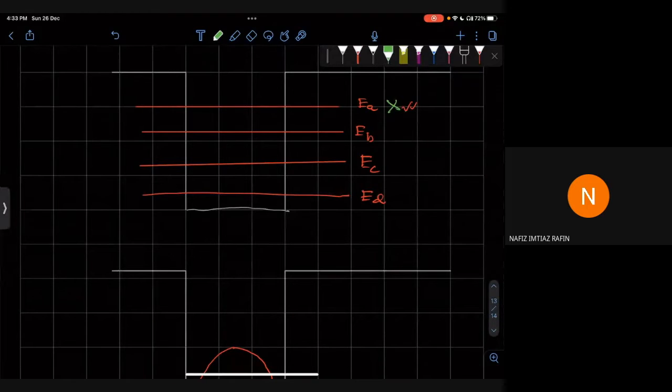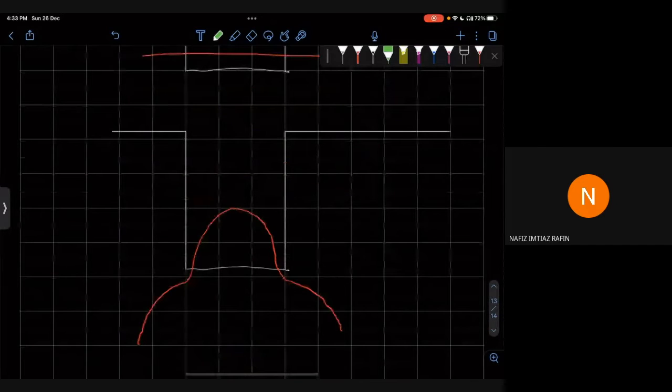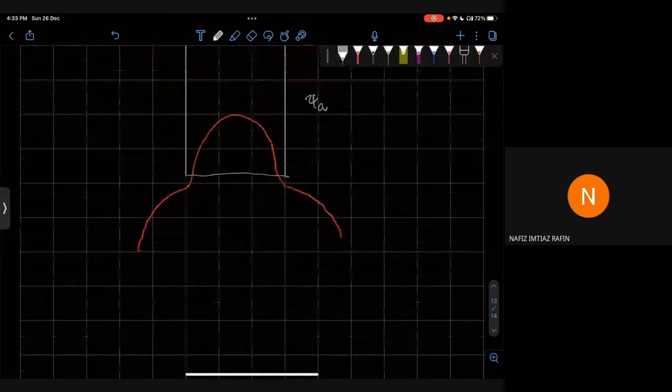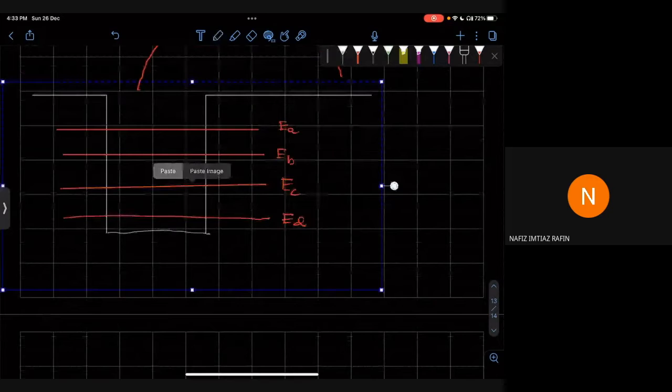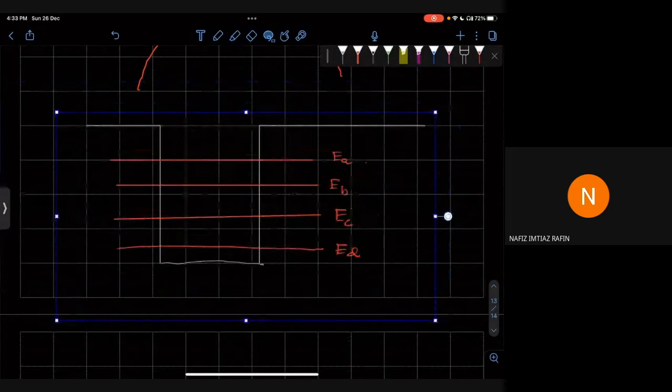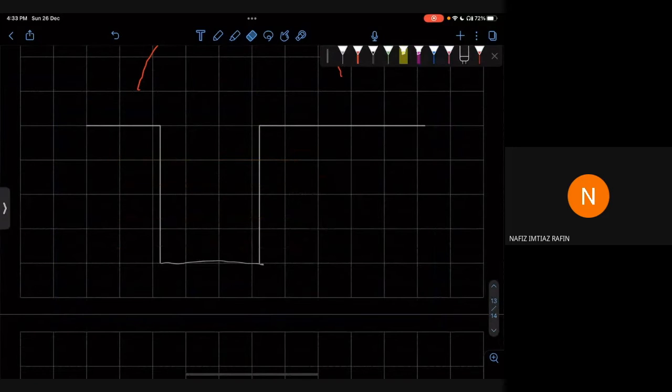Now, similarly, if I do EC and ED, the problem there is, the curvature is going to be very light because the energy is small.